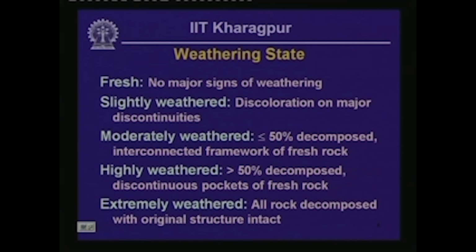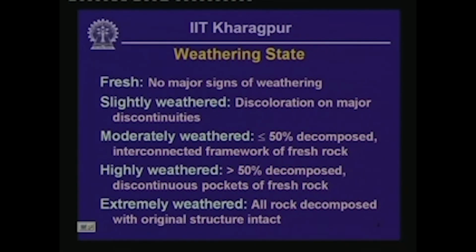In this case, you are going to look at a rock mass composed of more than 50% decomposed material, where the decomposed material is in continuous connection to each other, and the undecomposed material exists as relatively discontinuous isolated pockets within the volume of the rock. And then finally, you have the extremely weathered state, in which the entire rock mass is composed of decomposed or weathered rock, as we have already seen.